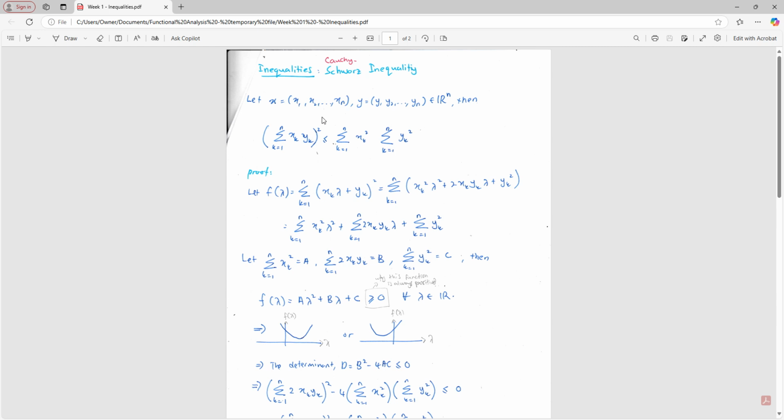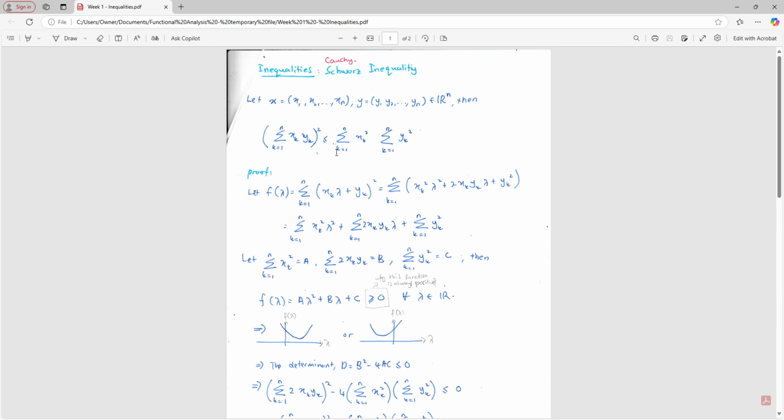The inequality says that if you take the summation of k from 1 to n, the dimension, of xk multiplied by yk, and then you take the square, it is less than or equal to the product of the summations.